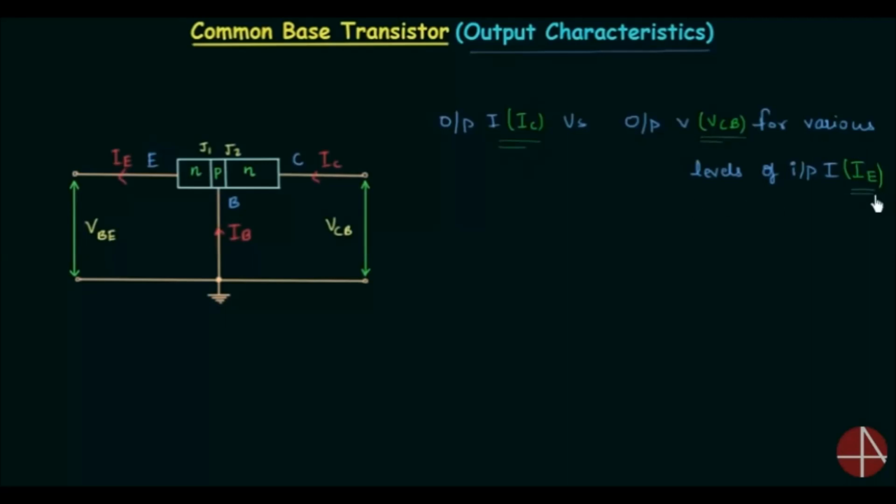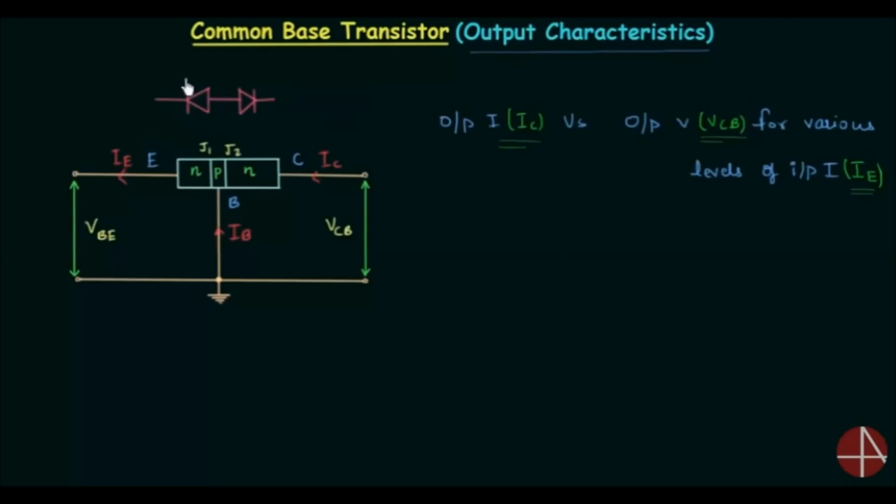current IE. If we consider this NPN transistor as two diodes connected back to back, it will look something like this. This is the first diode and this is the second diode. We want to plot the output characteristics of common base transistor in active region.